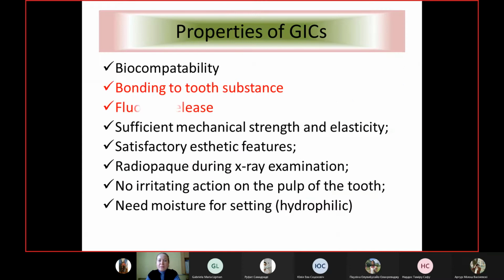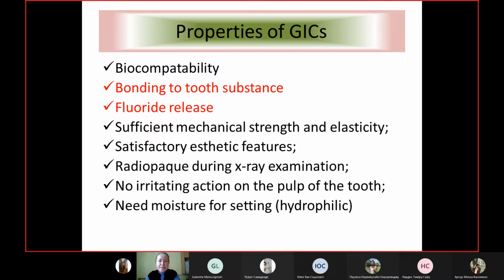Properties of glass ionomer cements. They are biocompatible material. They don't provide any toxic influence to the pulp tissue. They have a very good bond to tooth substance due to the ion exchange mechanism of retention. They provide fluoride release, basically constant fluoride release, and they can even be recharged. They have sufficient mechanical strength and elasticity.